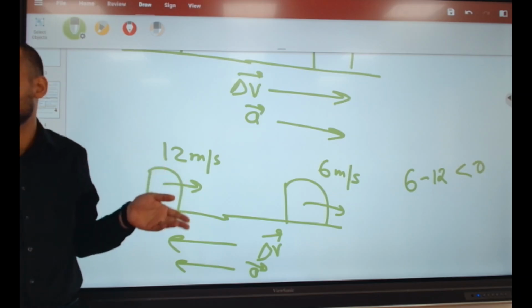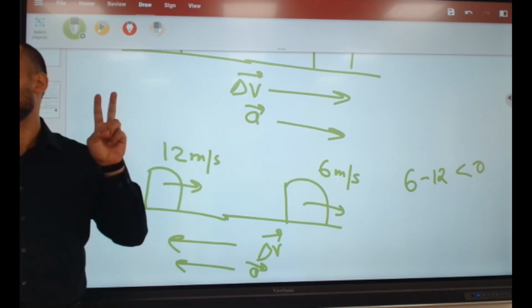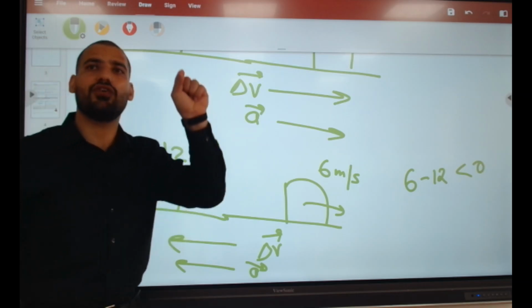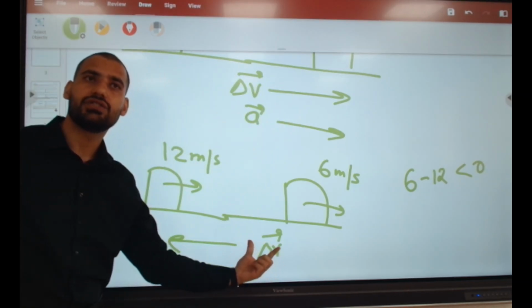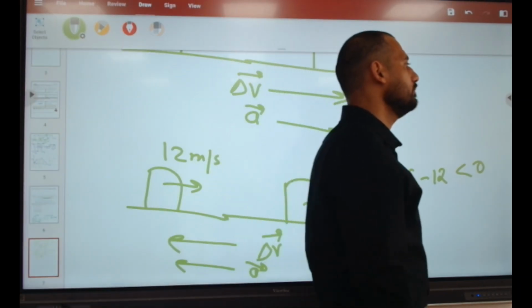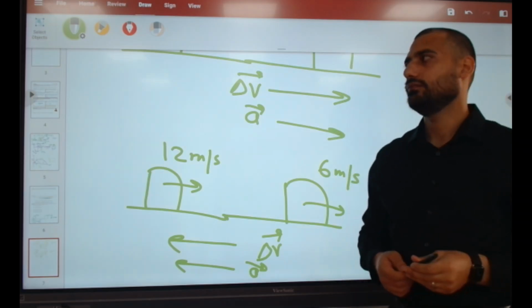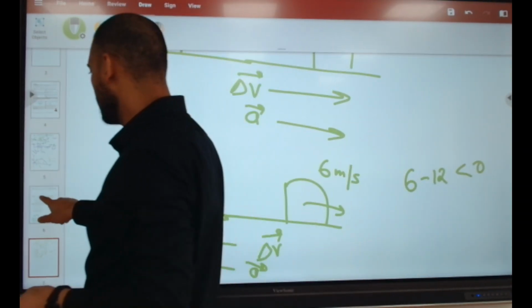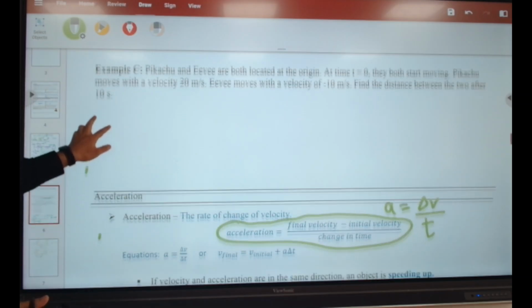But that is a crux. You need to remember the actual direction of acceleration. The direction of acceleration is same as that of change in velocity. Write it down.